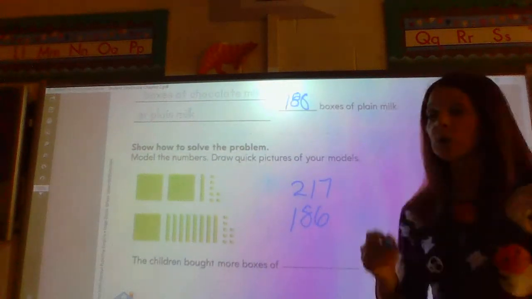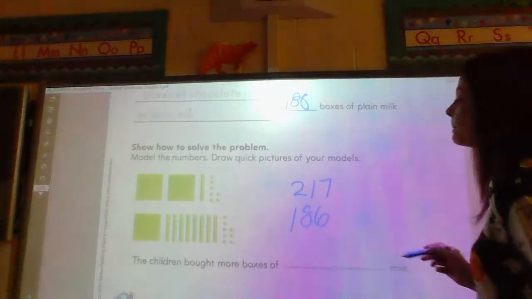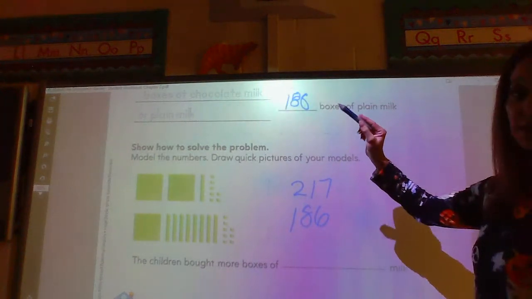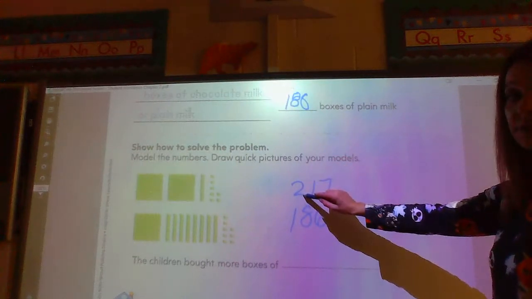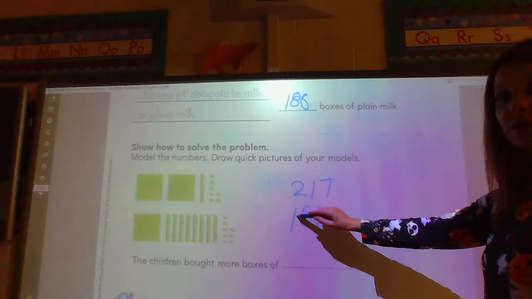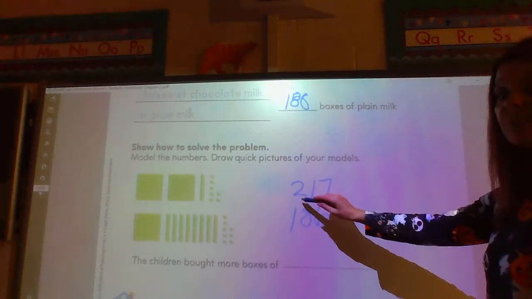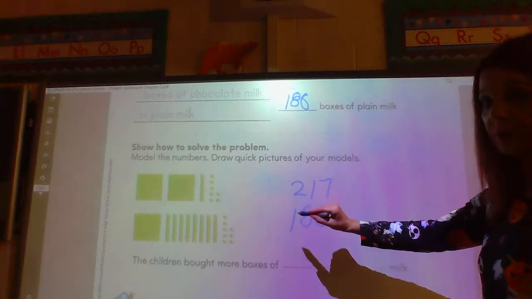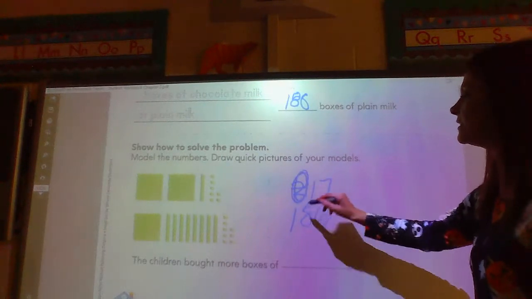Remember, we are looking for which they bought more of. So where do we start? Yes, in our hundreds. I see 200s and 100. These are not the same numbers. So which one is more? Because we're looking for more. The 217 is more.